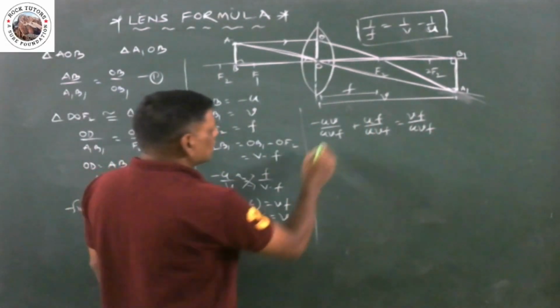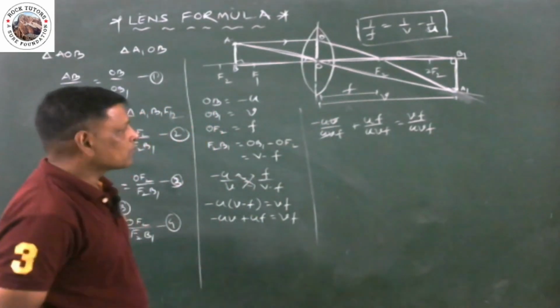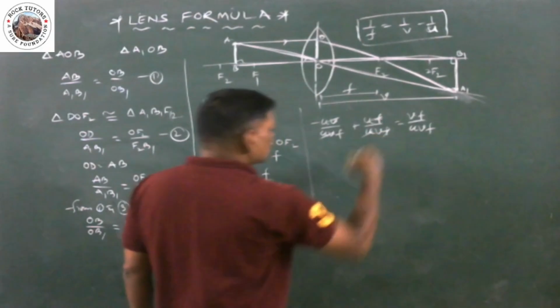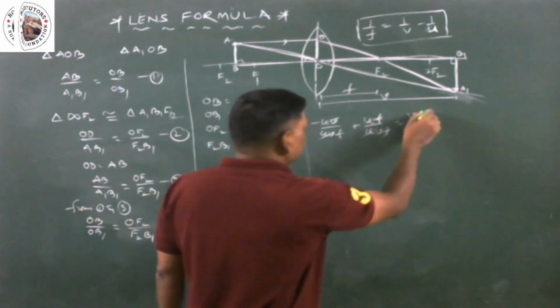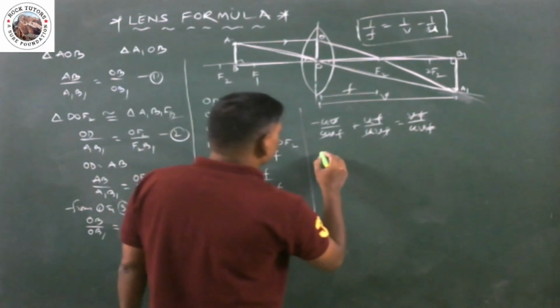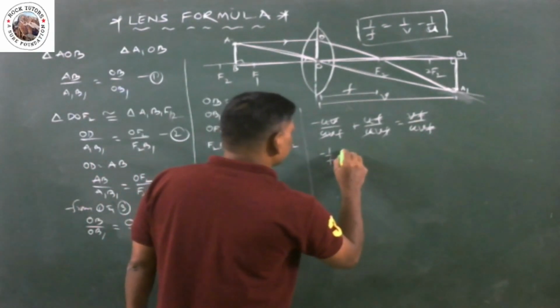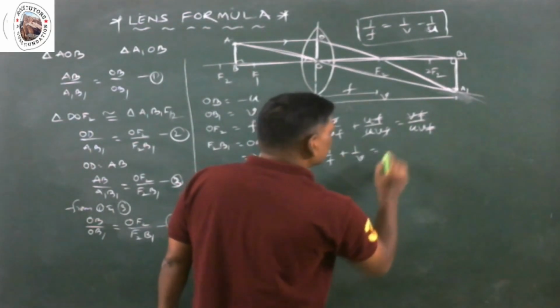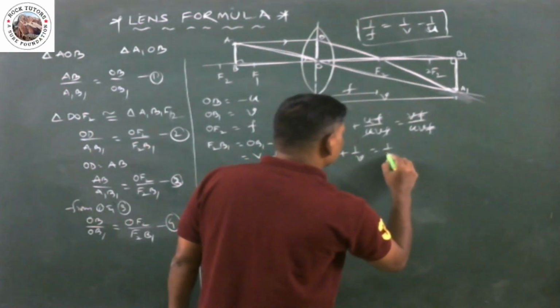Now uv cancels, uf cancels, vf cancels. Now we get minus 1 by f plus 1 by v is equal to 1 by u.